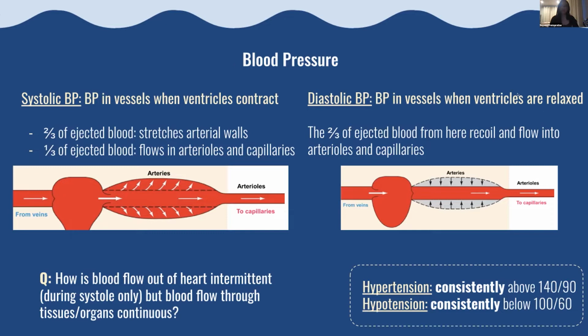Then when your ventricles relax, those two thirds that stretched out the arteries recoil back in, and then they will flow into the arterioles and capillaries. So regardless of whether your ventricles are contracted or relaxed, anywhere throughout the cardiac cycle, there's always going to be some blood flow going through.